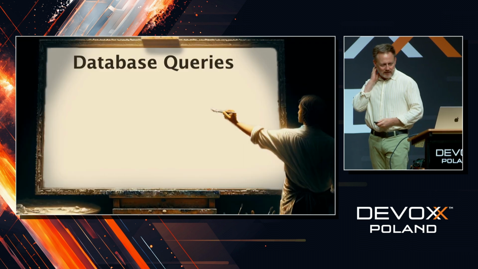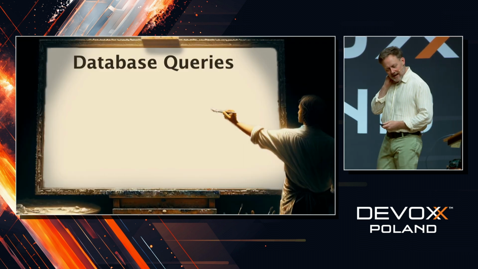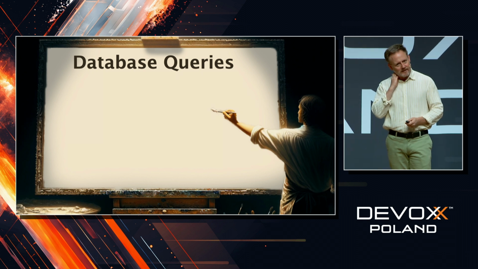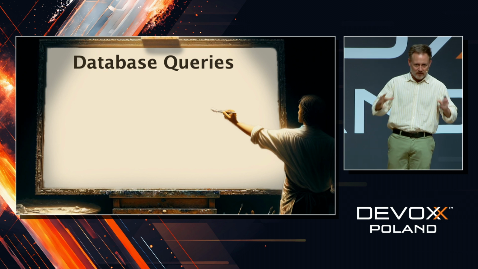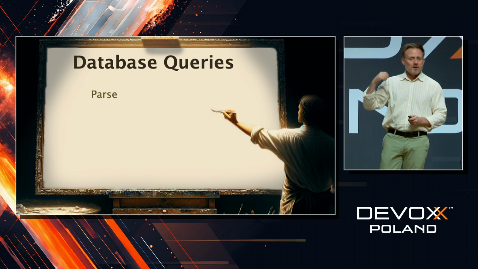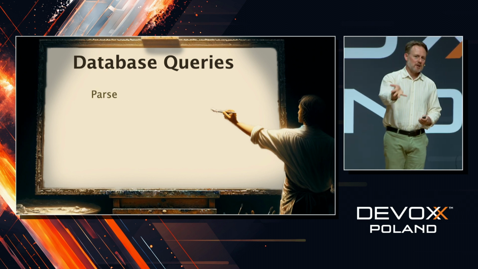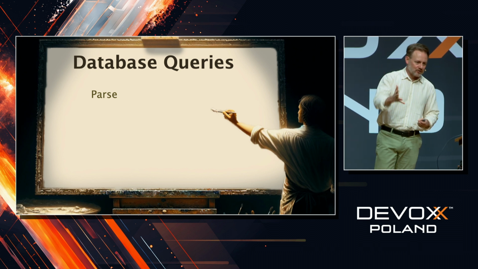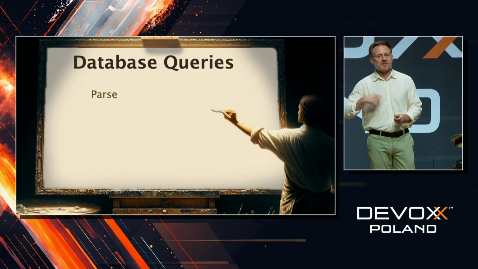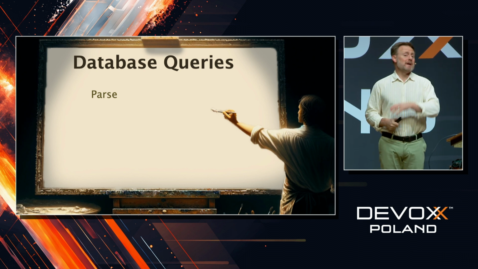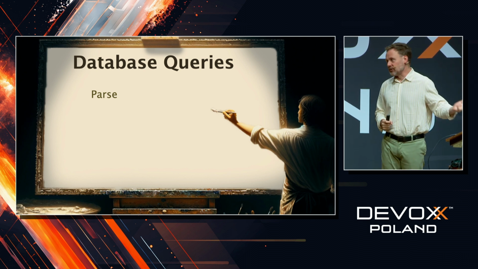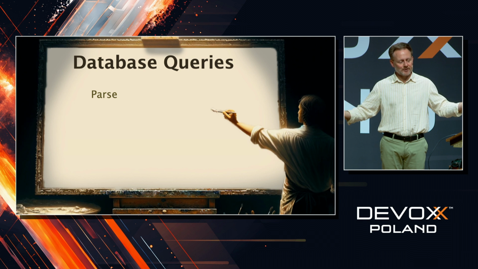So I want to just remind you, when we think about a traditional database query, there's a few stages computationally that are going on inside the database, right? You submit a query to the database, it parses that query, makes sure it's syntactically valid SQL, we'll just say, and makes sure it's semantically valid. Are the tables and columns you're referring to things that actually exist?